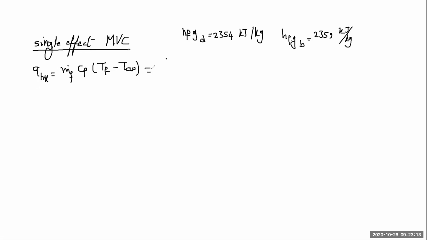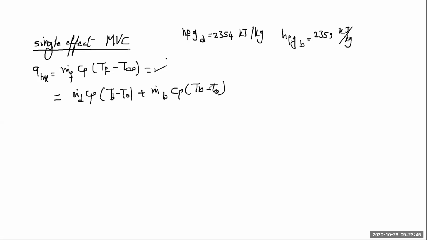And this value can be calculated easily because we know the m dot feed, we know Cp feed, and we know the temperature difference for each one of them. This expression is basically equal to m dot distillate Cp (T distillate minus T naught) and m dot brine Cp (T brine minus T naught).